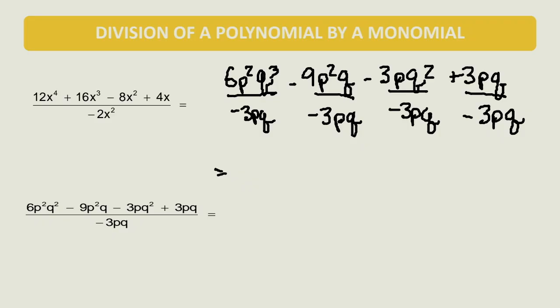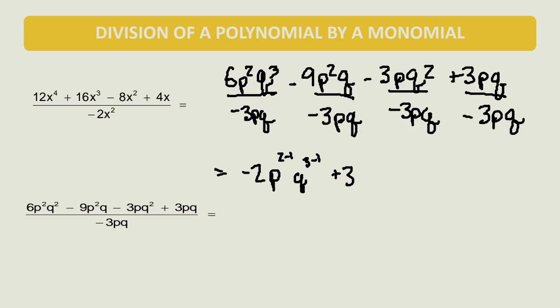Anywho, 6 divided by negative 3 gives me a negative 2. P, I'm going to write all my exponents out this time. 2 minus 1, q, 3 minus 1. Negative 9 divided by negative 3 becomes a positive 3.